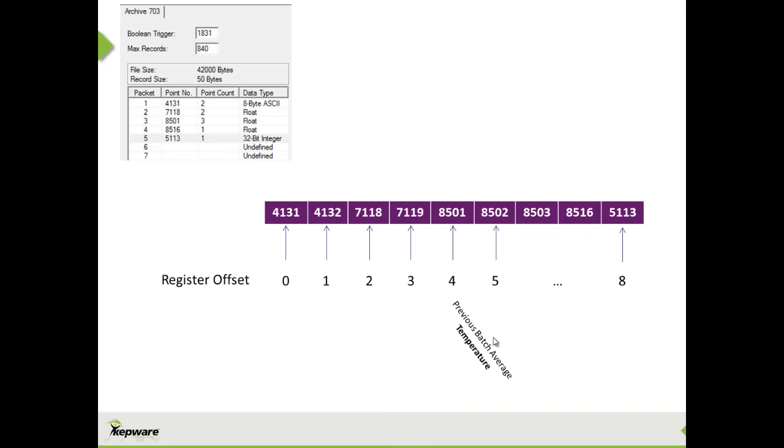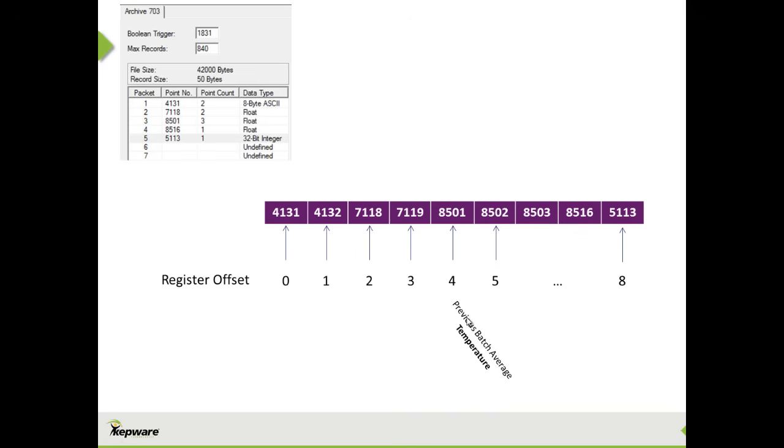So register 8501, batch average temperature, is in the 5th spot with the 0 based offset. So 1, 2, 3, 4, 5, because there's 2 point counts from the beginning, and I'm getting to 8501, right? And so 0, 1, 2, 3, 4, that's the 5th spot for 8501. So I know that if I want batch average temperature, I need to enter a 4.